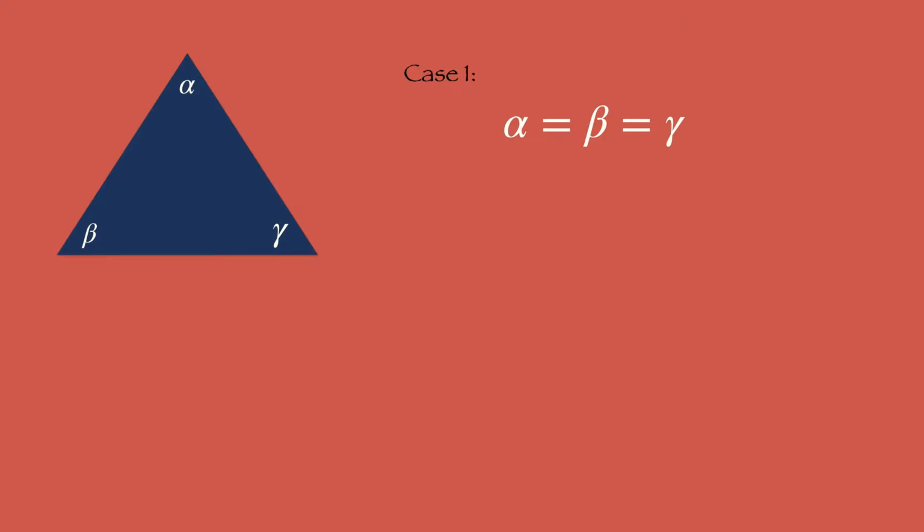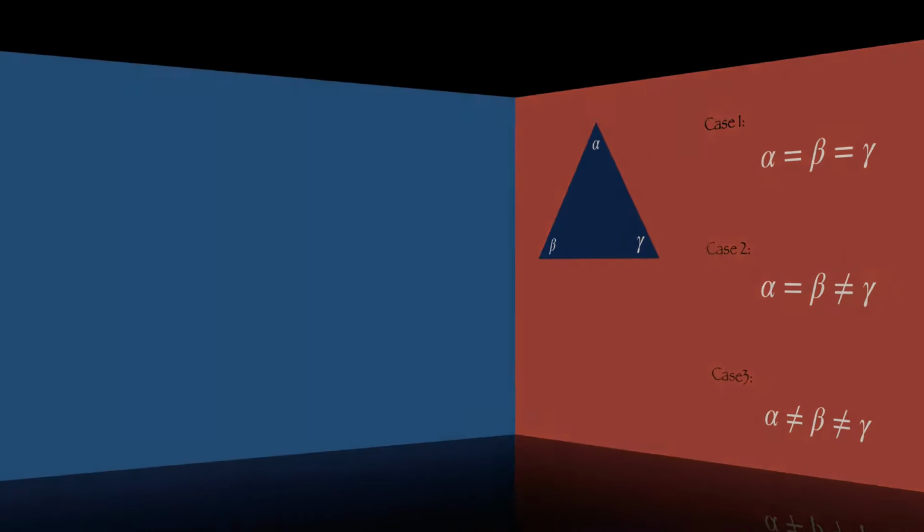There could be another possibility as well, where alpha is equal to beta but not equal to gamma. Then there could arise a third possibility where alpha is not equal to beta and that is not equal to gamma as well.